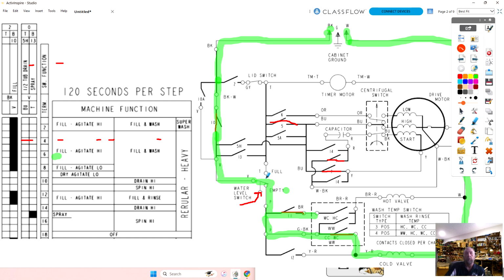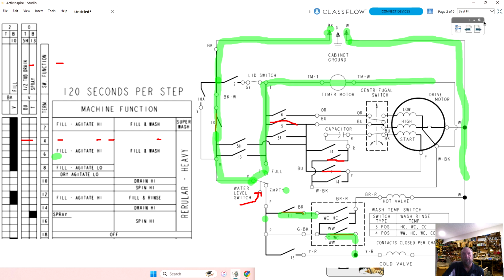So when the machine fills up, and the water switch goes to the full position, this is what happens. This stops running because it said it's full. And then the power went this way, and it went all the way up. Now the timer's starting to run. Let me hide this.